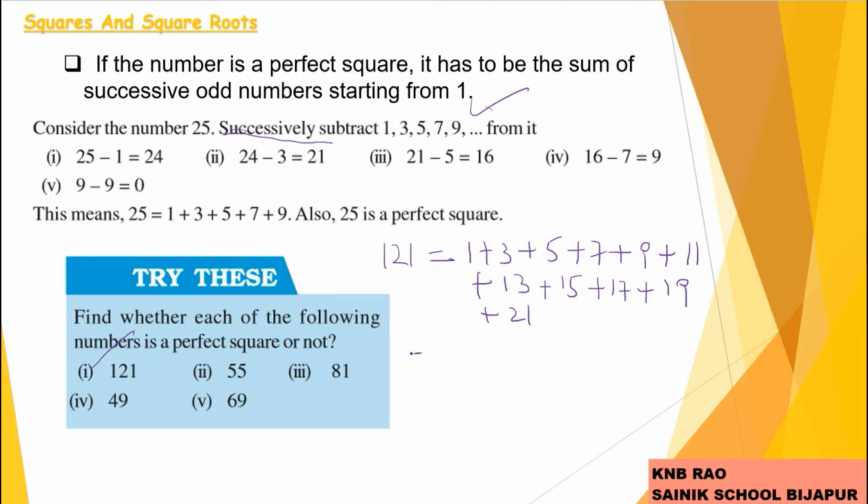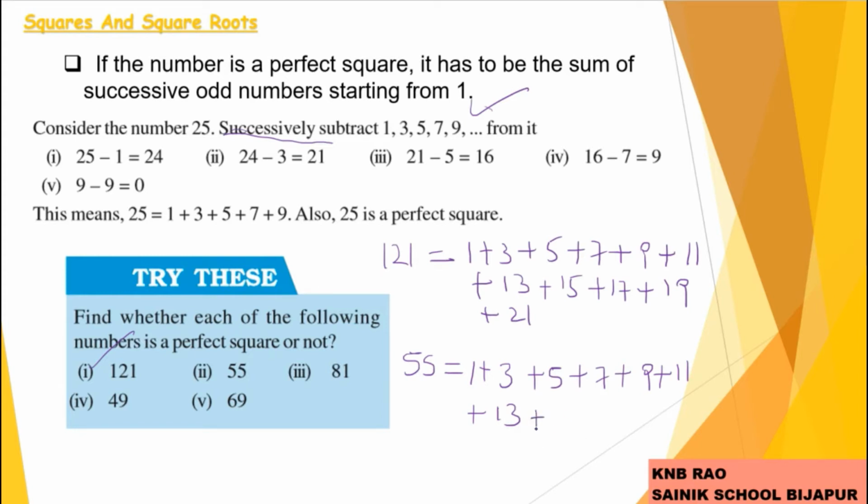But in the case of 55, it is not a perfect square. Why? Because when we add the first 7 odd natural numbers, 1, 2, 3, 4, 5, 6 and the 7th, when I add up to 13, it gives 49.